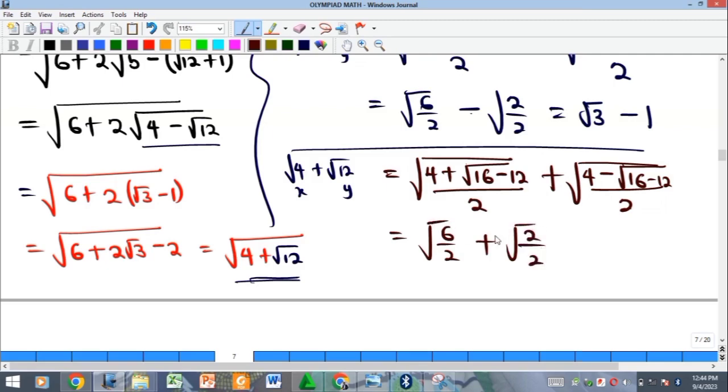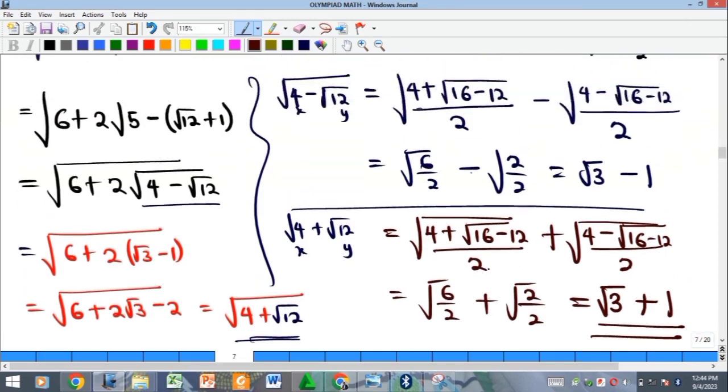If you simplify all of this, you will finally have root 3 plus 1 as the solution to this problem. All right, and that is what I have for us in this video.